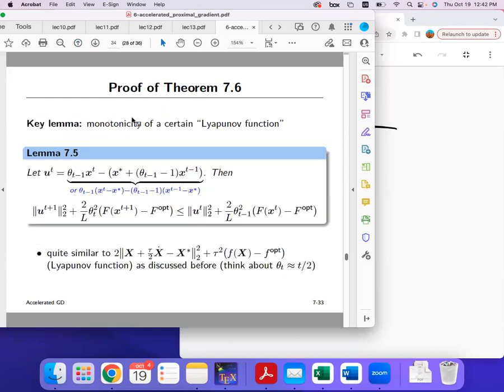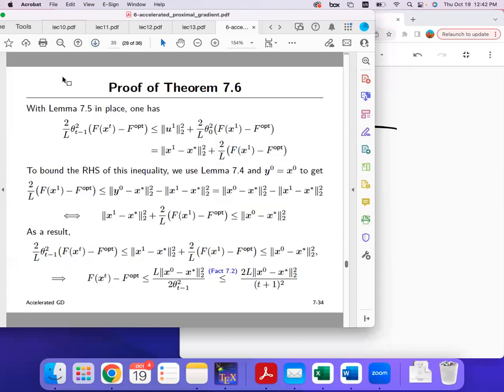Here we dropped the u_t squared term because it is a positive term, so we can simply drop it. Therefore, directly utilizing that lemma and unrolling that inequality, we have this inequality.